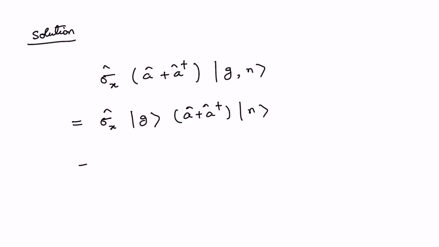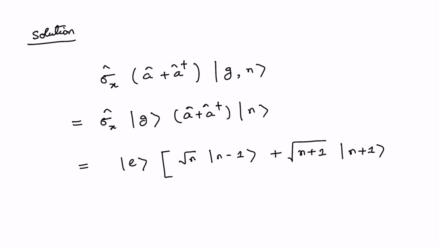Okay, and sigma x, when it operates on ket g, is going to give you ket e, and a plus a dagger when operating on ket n: a operating on ket n is going to give you square root of n times ket n minus 1, and a dagger operating on ket n is going to give you square root of n plus 1 ket n plus 1.